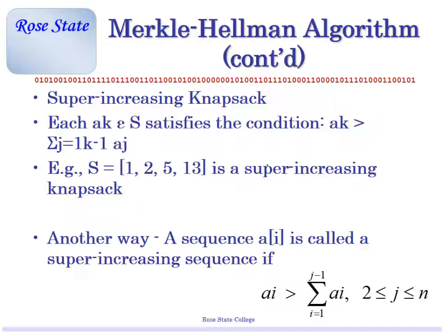The 5 is bigger than the 2 and 1, which is actually a 3. The 13 is bigger than the 5 plus 2 plus 1. No problem? Easy stuff. It's just like 27 steps to this, that's all. They're not difficult, there's just lots of them. Okay, so that's the knapsack. We're going to continue on. We're making great progress.